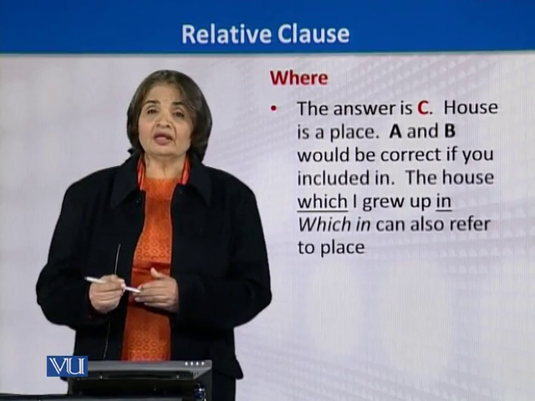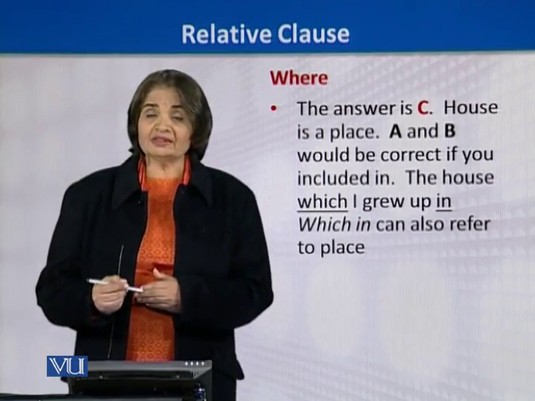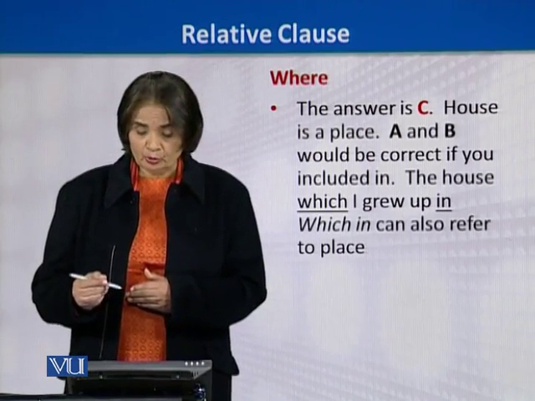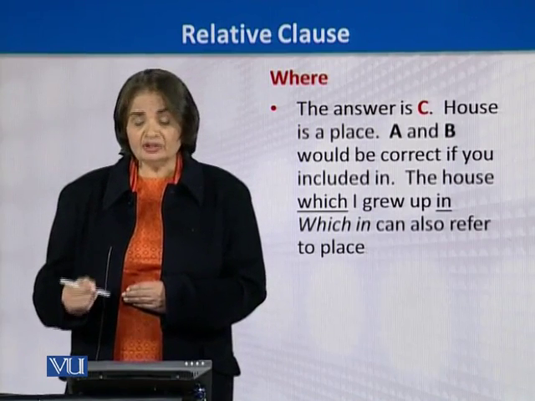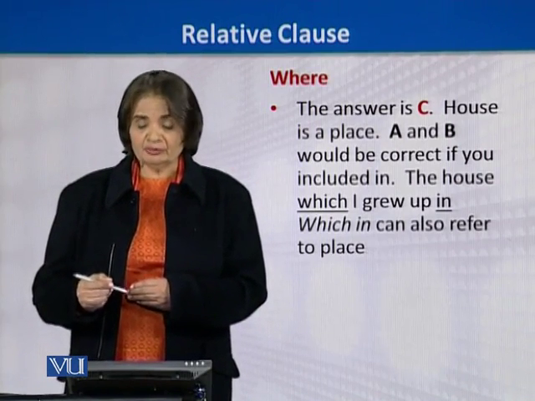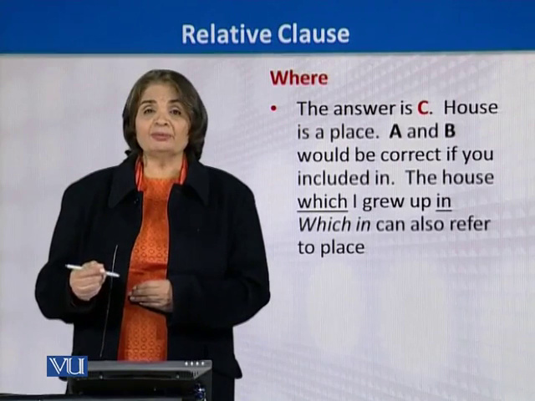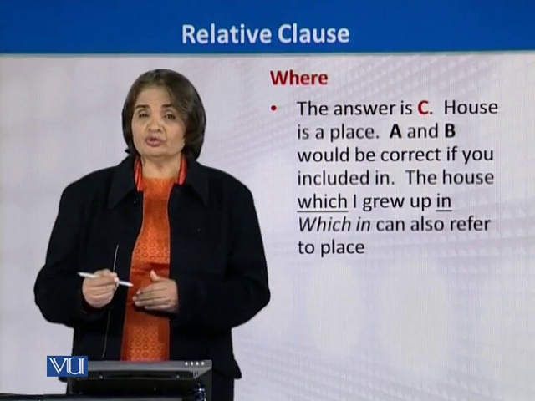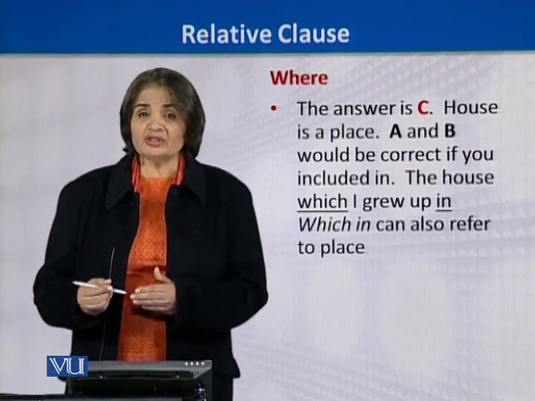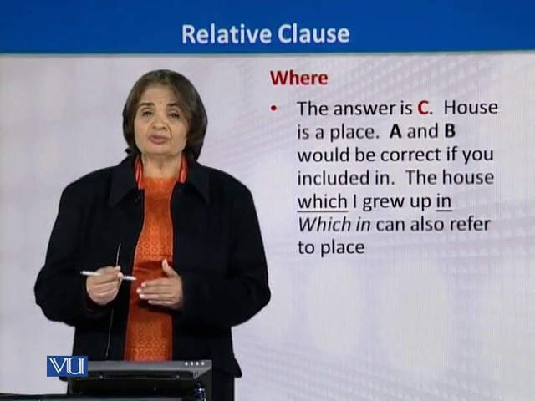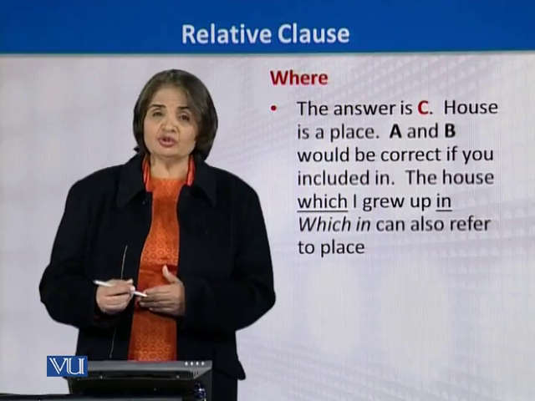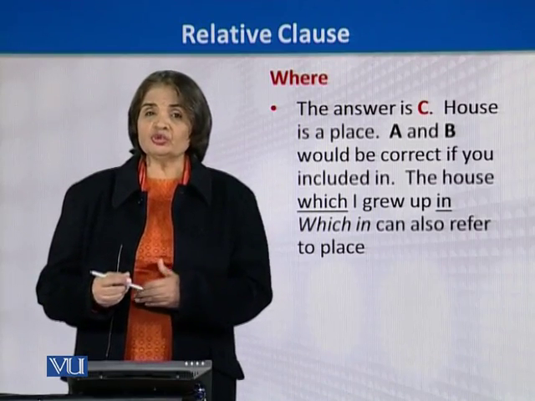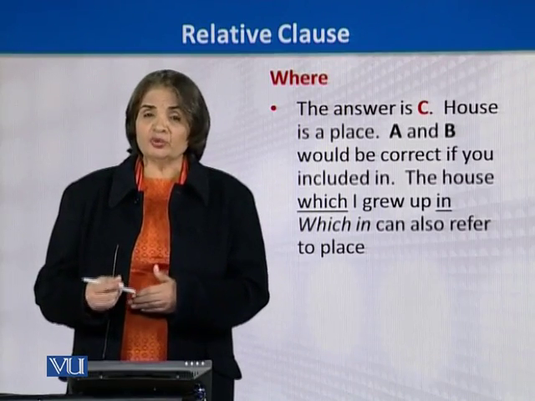So when I want to make a sentence correct, to choose which, then I have to add the word in to it. So it will become the house which I grew up in. So that means I have to do some addition, which is normally not allowed, especially when the MCQ or the option has been given to you. Then you have to choose it exactly the way it is.